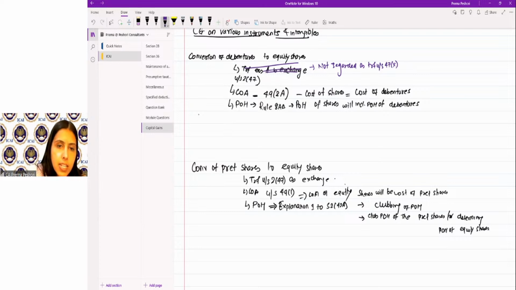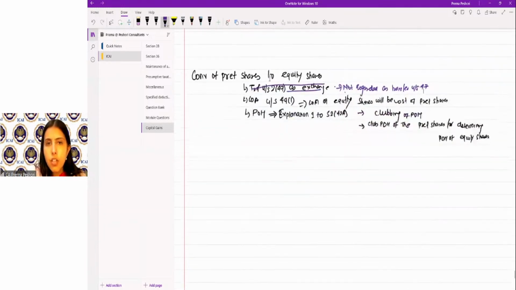Similarly, even this is an exchange, but this is also not regarded as transfer under section 47.